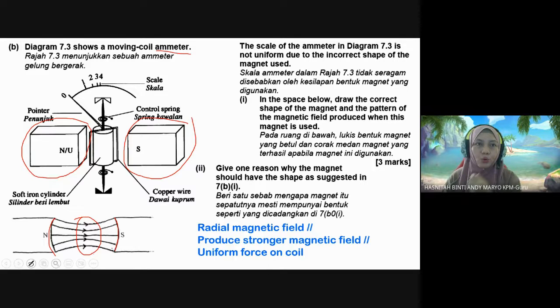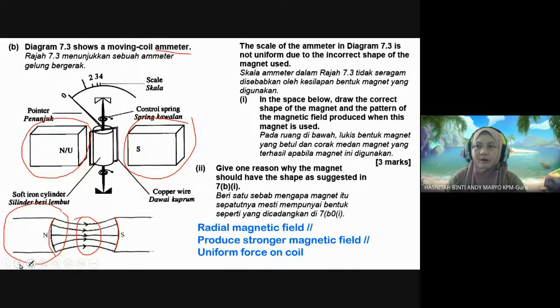So this is the reason: it produces a radial magnetic field, or a stronger magnetic field, or uniform force on the coil, so it will rotate steadily at a constant speed. Soalan ni pun biasa keluar dalam SPM, apa shape yang sesuai. So kalau dia tunjuk gambar macam ni, you select this one: curve shape, radial shape, concave shape of magnet.